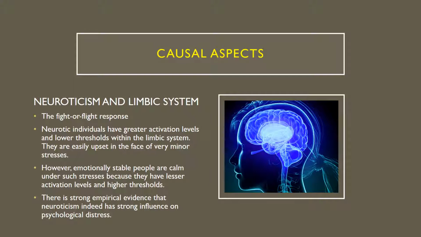Heart rate, blood pressure, skin conductance, sweating, breathing rate, and muscular tension in the forehead can measure activation levels of the limbic system. Neurotic individuals have greater activation levels and lower thresholds within the limbic system. They are easily upset in the face of very minor stresses. However, emotionally stable people are calm under such stresses because they have lesser activation levels and higher thresholds.